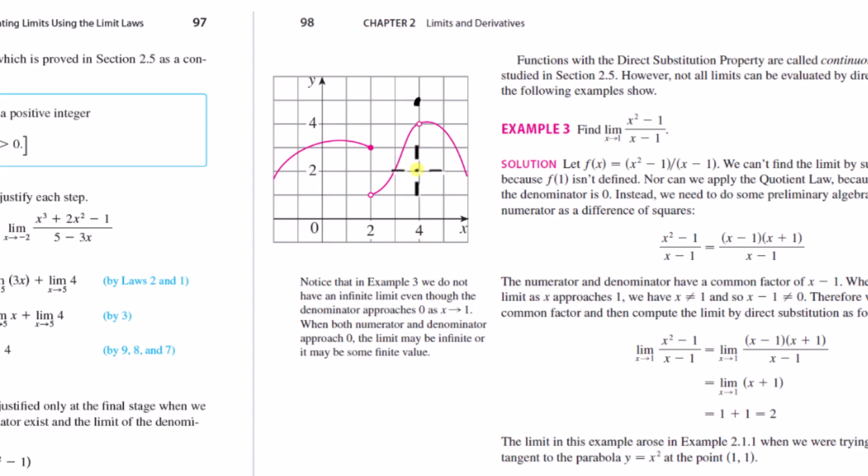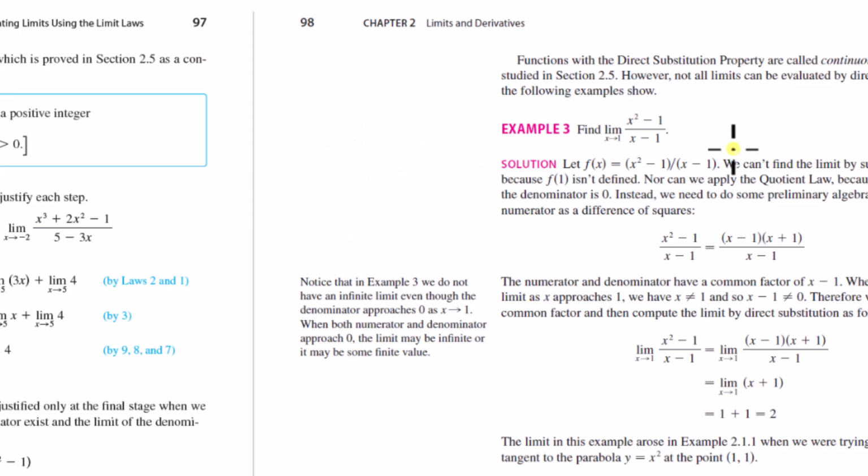Now f of 4 is in the domain of the function, but we still can't draw this without picking our pen up off the page. So it's a discontinuity, right? And so with that, you can think about the statement that rational functions and polynomials are continuous at all points within their domain.